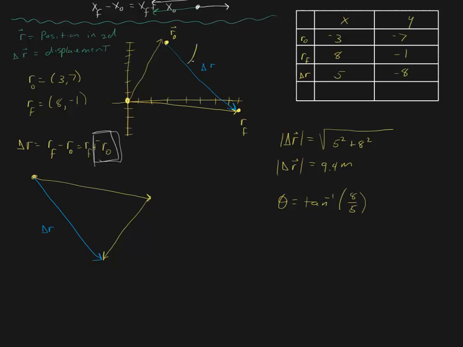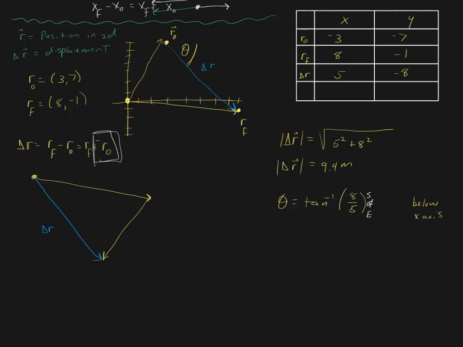This is the angle that we have found using the inverse tangent function. And so we would say that that's going to be an angle which is below the x-axis. If these were cardinal directions for north, south, east, and west, then we would say that this is south of east, which is down and to the right.